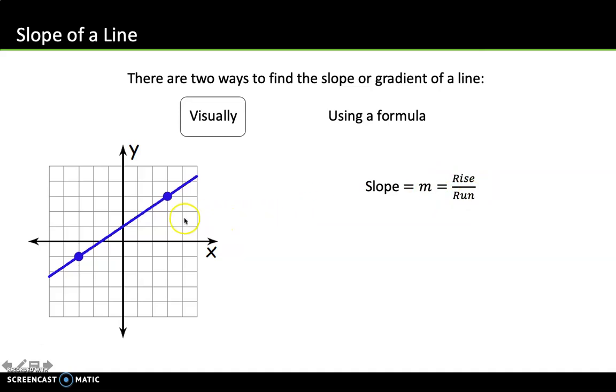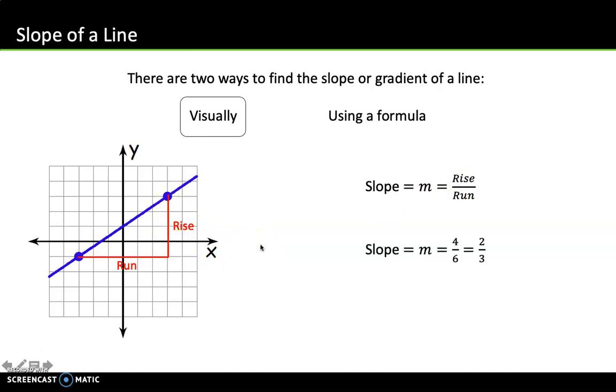How we find that is we pick 2 points on a line. We find the rise, which is going to be this line here, and we find the run, which is this line here. We draw a horizontal line from the point to find the run and a vertical line from the point to find the rise. Now we just put the rise over the run. What that means is how many boxes.